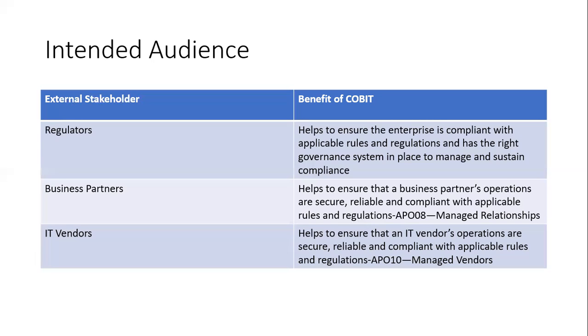So COBIT helps to ensure that an IT vendor's operations are secure, reliable, and compliant with applicable rules and regulations. We have APO10, managed vendors, an objective which can actually help to ensure that your IT vendor does not become a source of liability or threat to your operations.